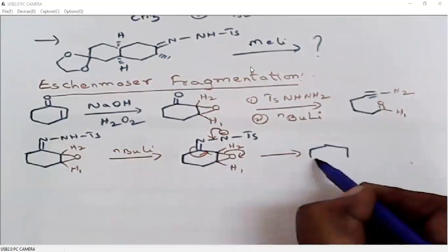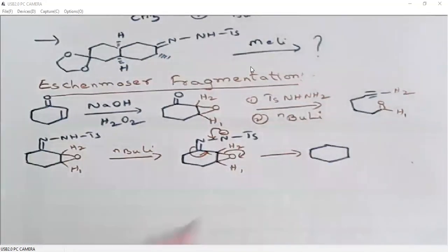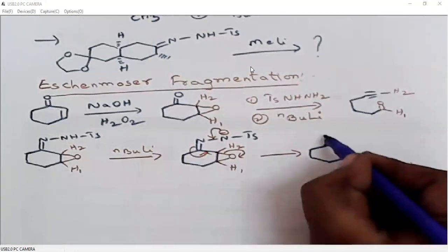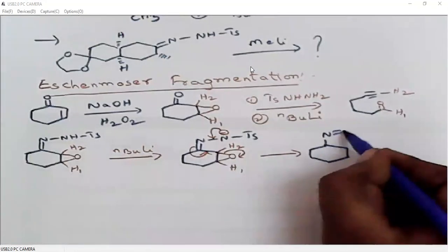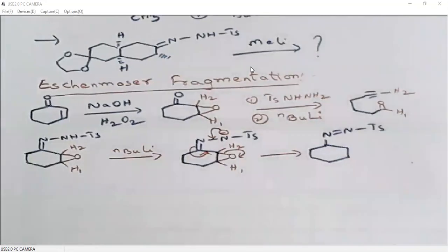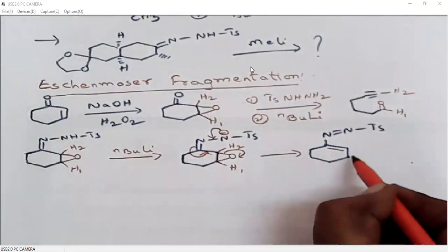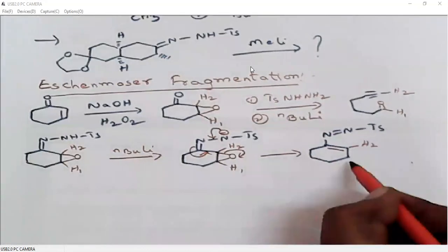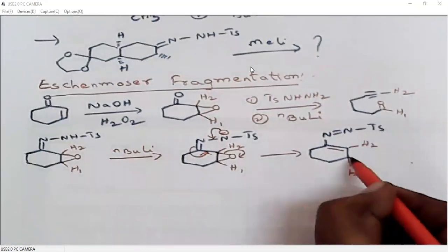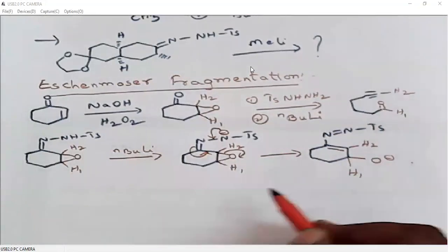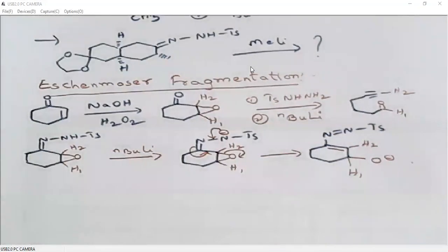So the product here is nitrogen double bond tosyl group. Now the new double bond is formed here, and of course this is H2. Here we have H1 as well as oxygen minus.